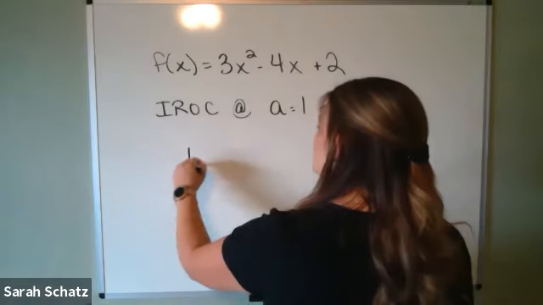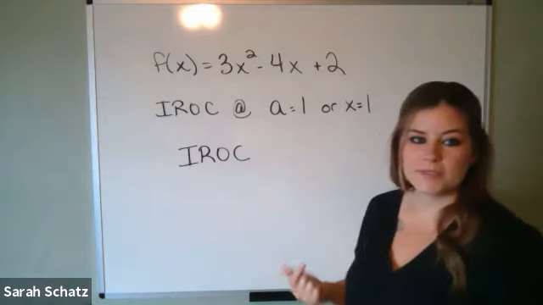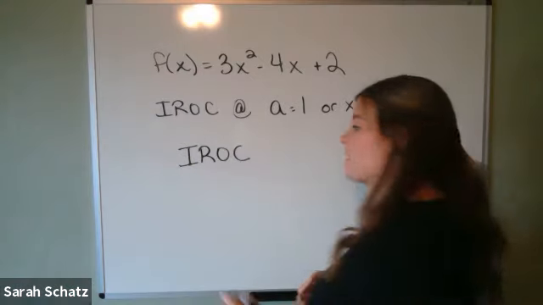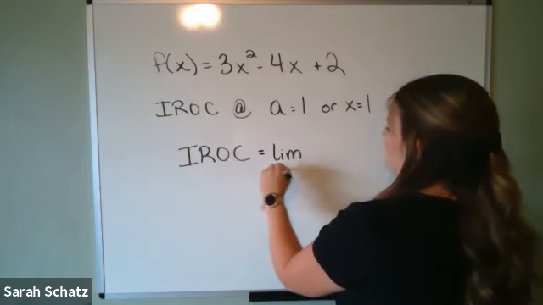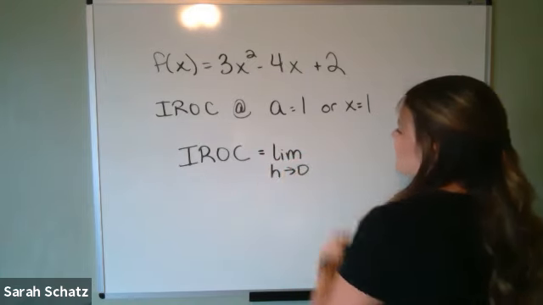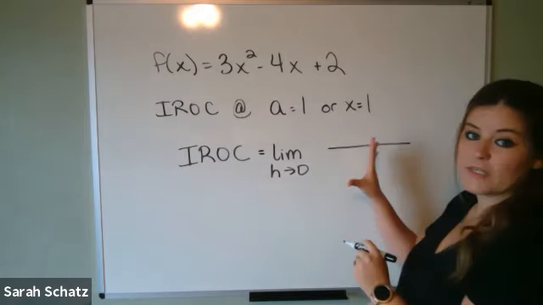Okay, so let's start by remembering what this formula looks like. Remember, it is a limit calculation. So it's going to equal the limit as h approaches 0 of this ratio here.